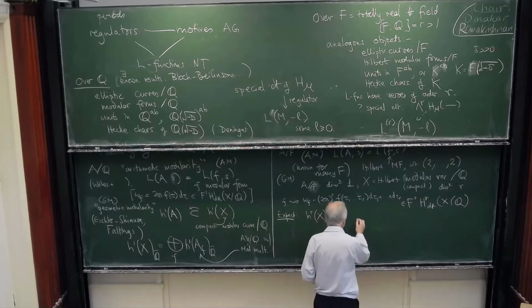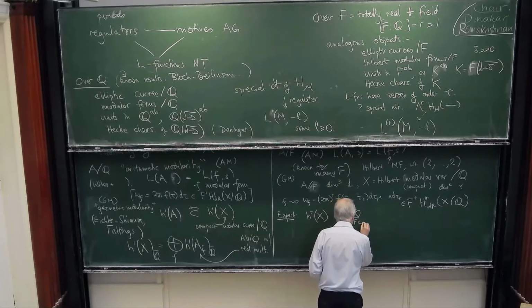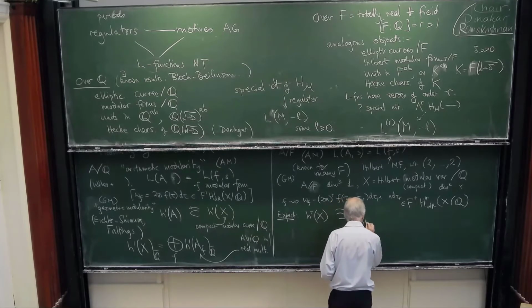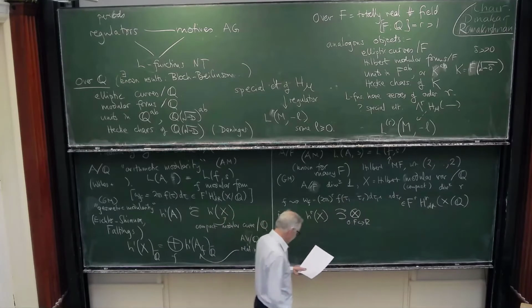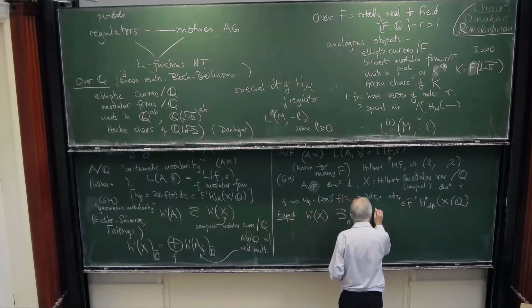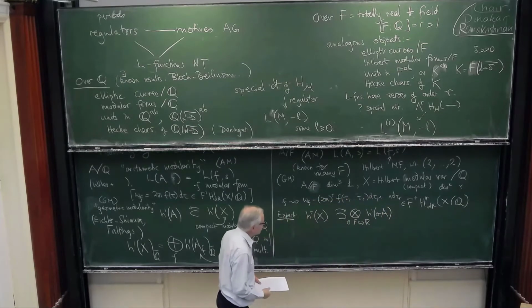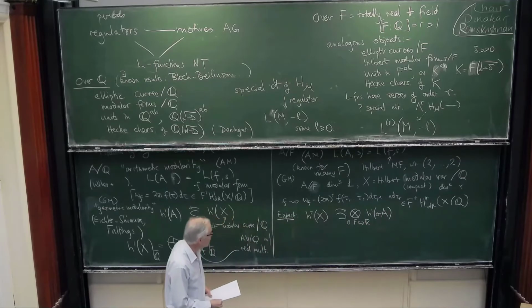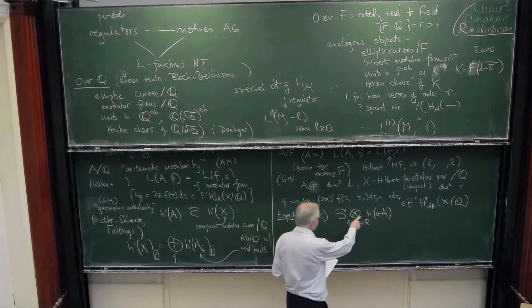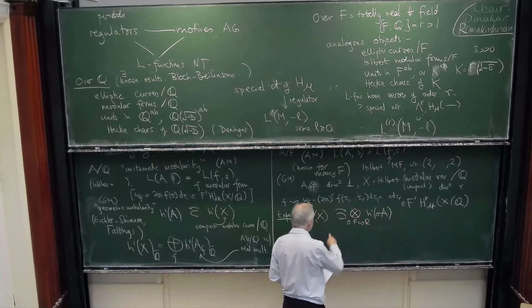So here, the thing to do is to take all the real places of F, or equivalently all the embeddings in Q bar. So basically we take the motive of A and we take all its conjugates and we multiply them together, and this gives us a motive which is now weight R, which is actually a motive over Q.